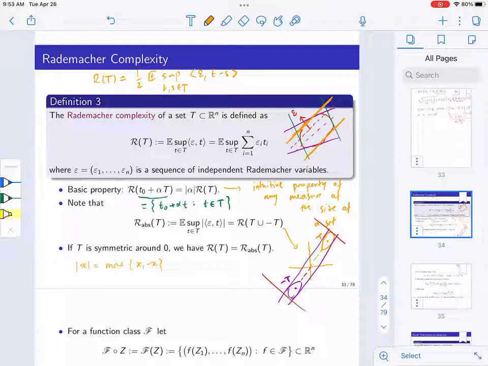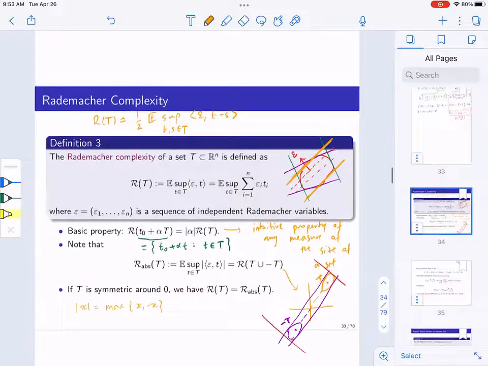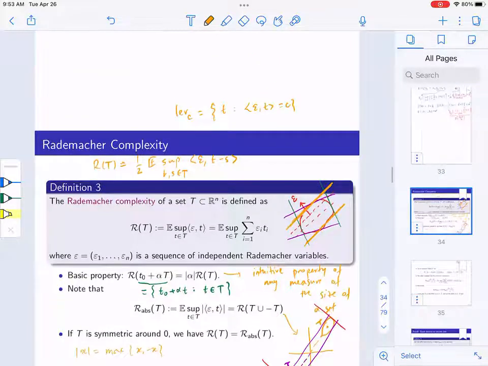What I'm looking at here are the level sets of the set of all t such that epsilon t is equal to c. Call this level set c. So the level sets move in this direction.